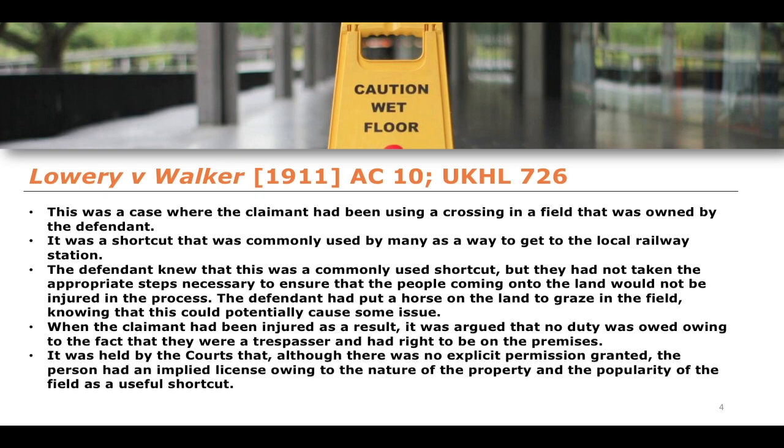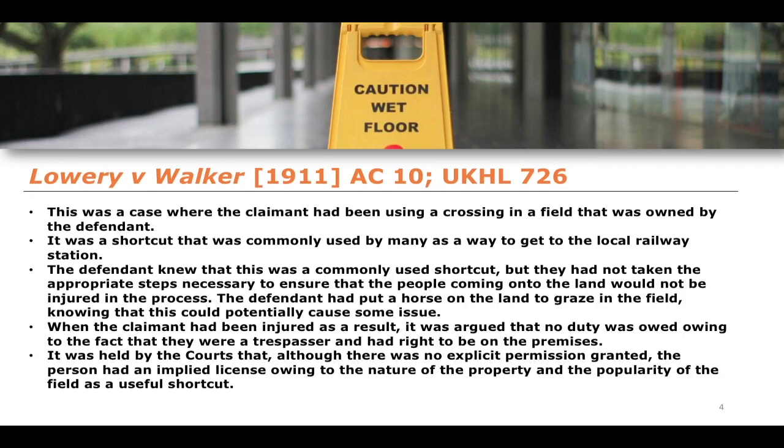However, it was held by the courts that, despite the fact that there was no explicit permission that had been granted on the part of the defendant to the claimant, there was still an implied license owing to a number of factors, owing to the nature of the property as a field, and specifically owing to the popularity of the field as a shortcut.